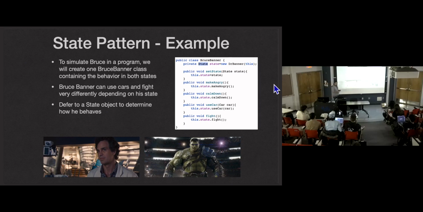But instead, we're going to defer to the state for the functionality of each of these methods. So when somebody calls use car on Bruce Banner, he's going to say, hey, state, we're going to use a car. And the initial state here is going to be of type Dr. Banner. So it'll be Dr. Banner's use car method. But if the state changes to the Hulk, use car is going to be the Hulk's use car method. So depending on the type stored in this variable, we're going to get different behavior.